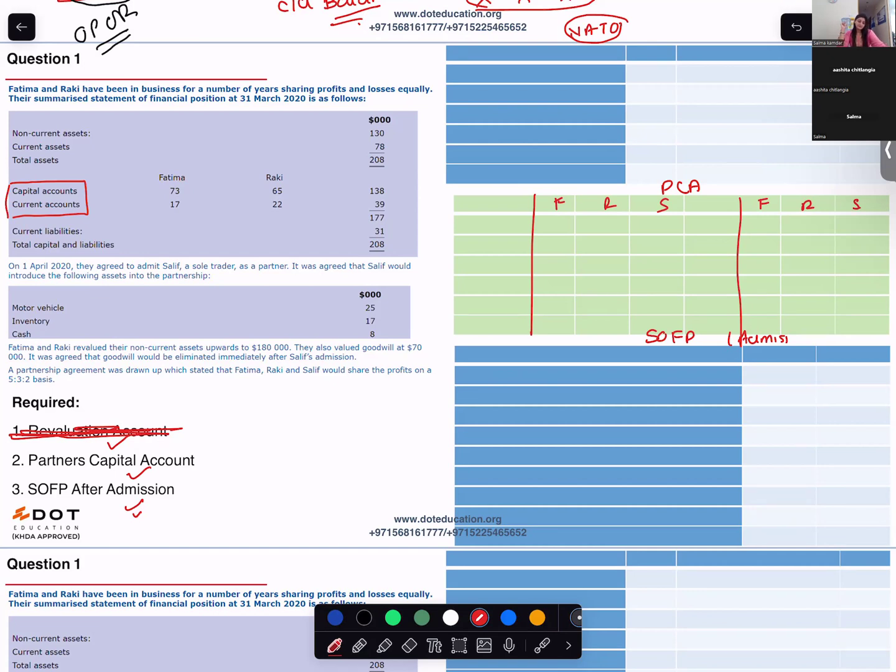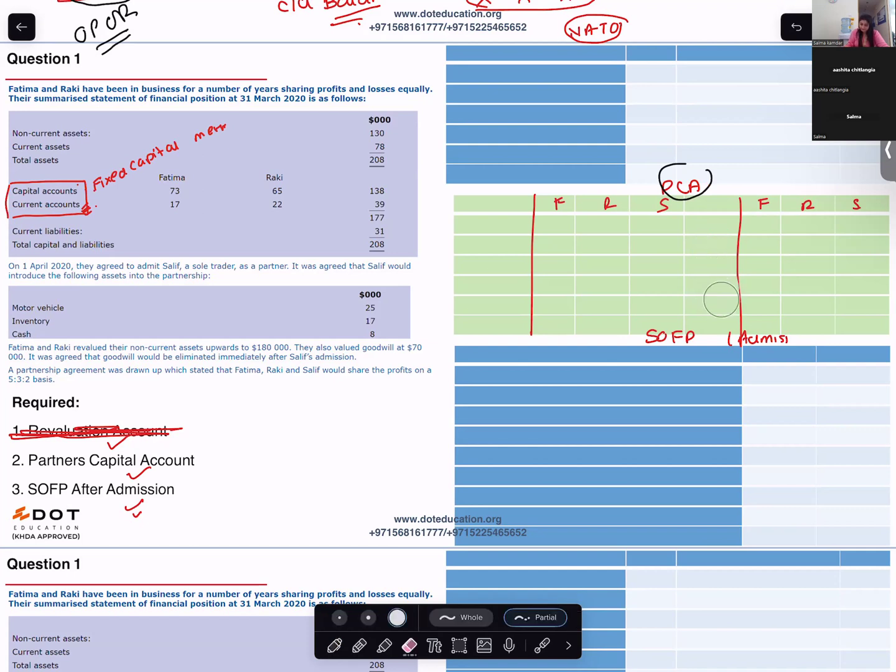How do I know? All adjustments can be done in the current account. If I have a capital account and a current account both, that means I'm following the fixed capital method. If I'm following the fixed capital method and it is a sum of admission, only the capital balance, additional capital, goodwill adjustments, and revaluation adjustments happen in the capital account.